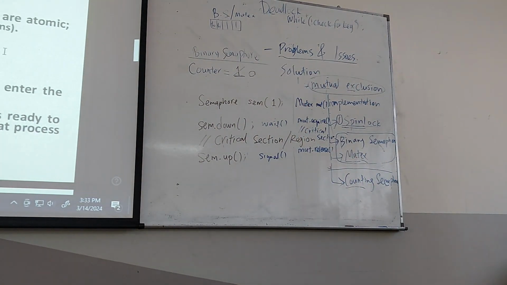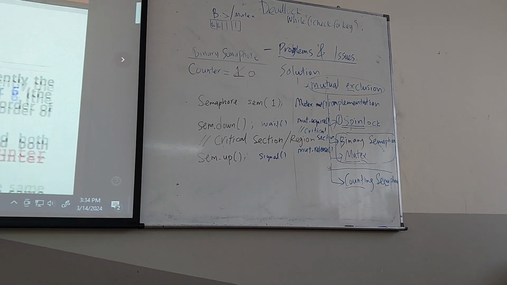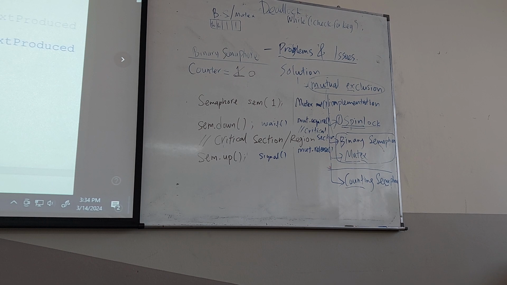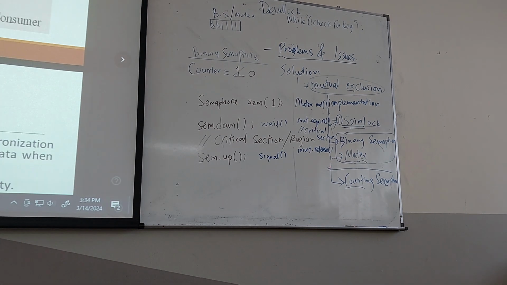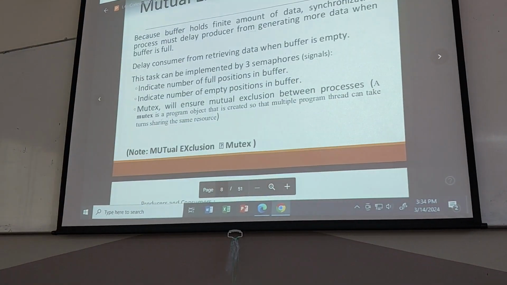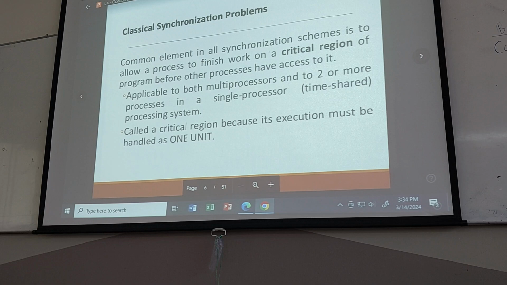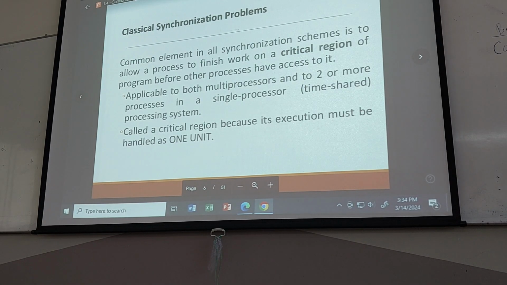Now let's see why we need this kind of feature. We need that feature because we want to solve this producer-consumer problem. This one. Producer-consumer problem. It's a classical synchronization problem.